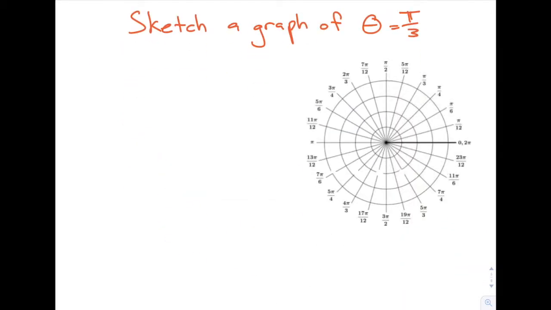Let's do another one. What does theta equals pi over 3 look like? This is kind of like x equals 3 and y equals 2: x equals 3 is just a vertical line and y equals 2 is just a horizontal line. So maybe theta equals pi over 3 would also look like a line. I don't even know if we need a t-chart.